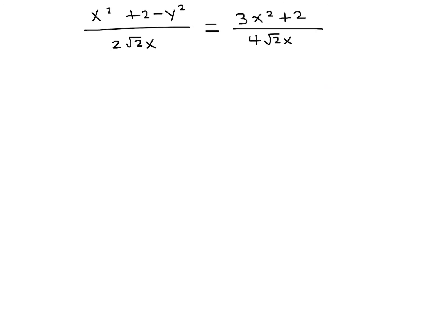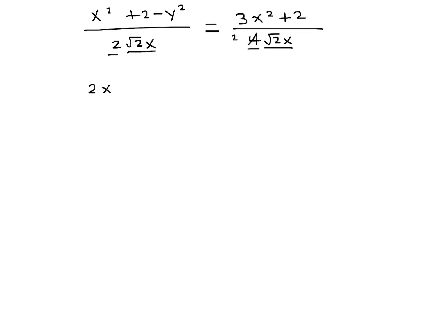Okay, now we got to work with this one here. So let's see, the root 2x's in the denominators go. And therefore, if I cross, actually, yeah, those go, and then this goes, and that just becomes a 2. All right, so I hope you understood what I did there.